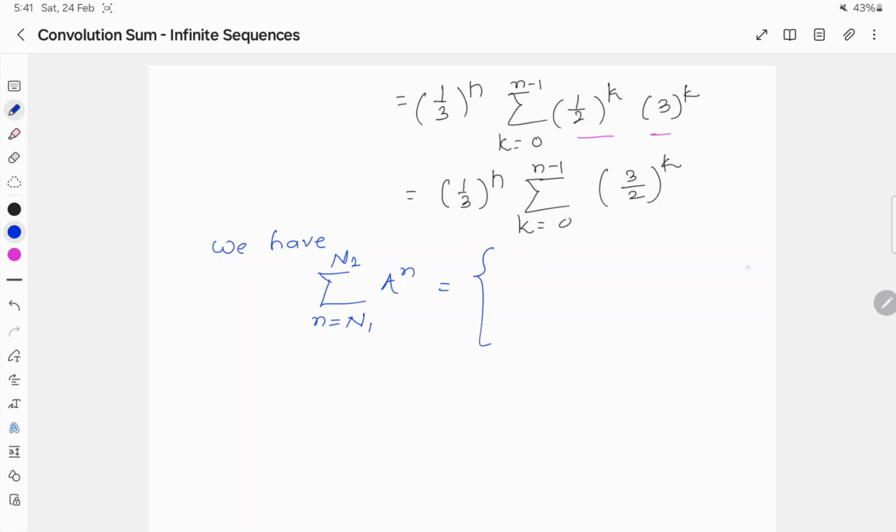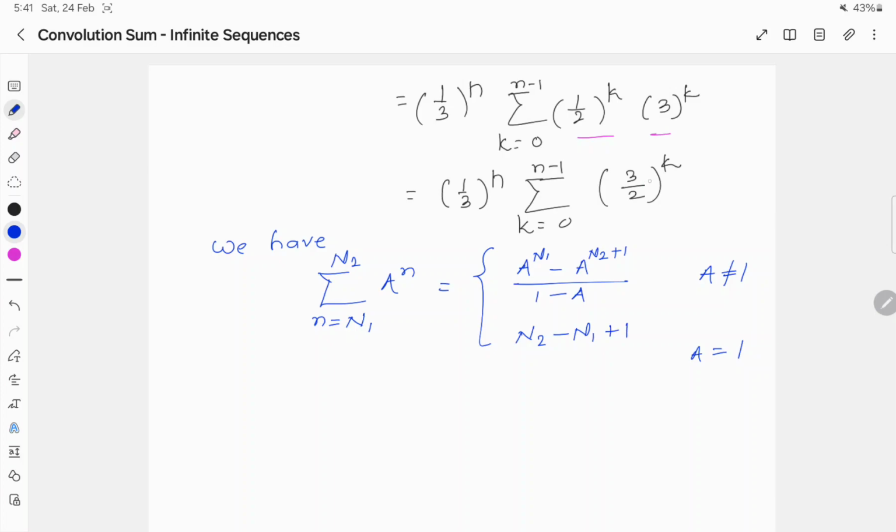First part is if the value of a is not equal to 1, and the second is if the value of a is equal to 1. So for the first part, a is not equal to 1, it is given as a raised to n1 minus a raised to n2 plus 1 divided by 1 minus a. And for the second part, it is n2 minus n1 plus 1.